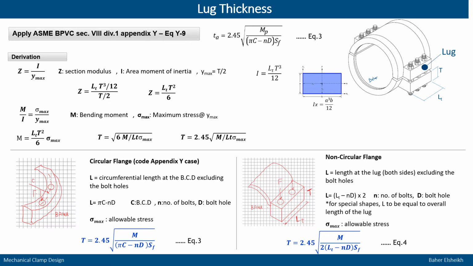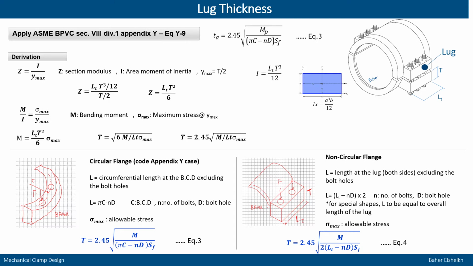So now applying the same concept to the non-circular flange to get the lug required thickness, the distance here will be LT minus ND by the same concept, and because it has two lugs from both directions, this will be multiplied by 2.